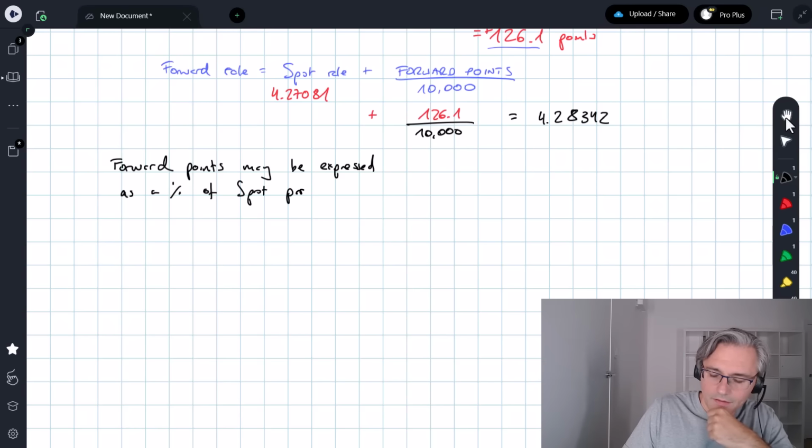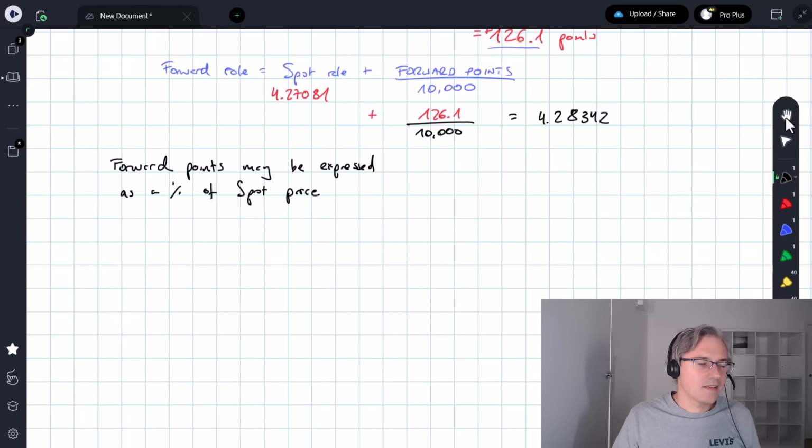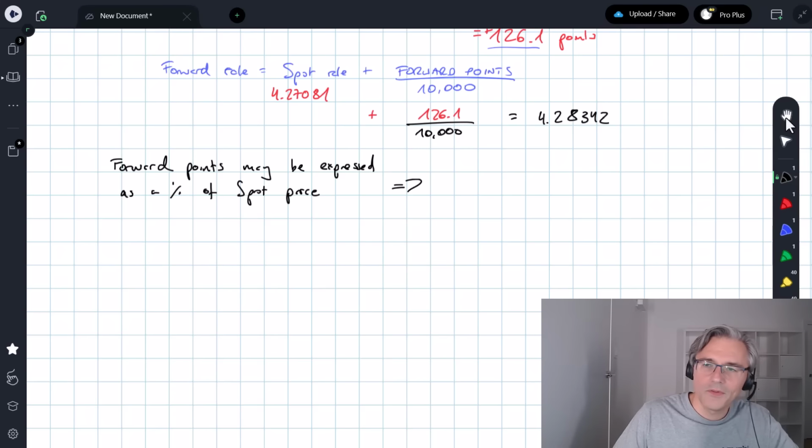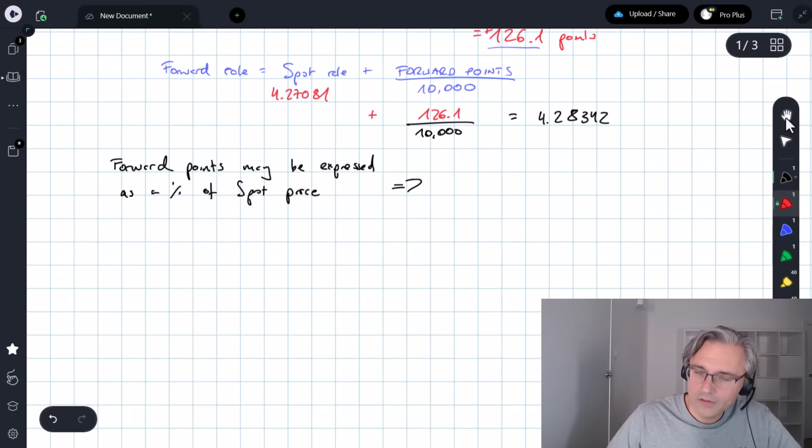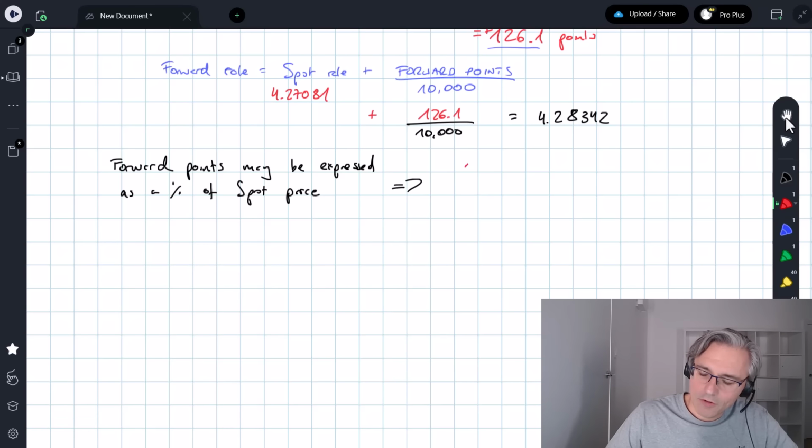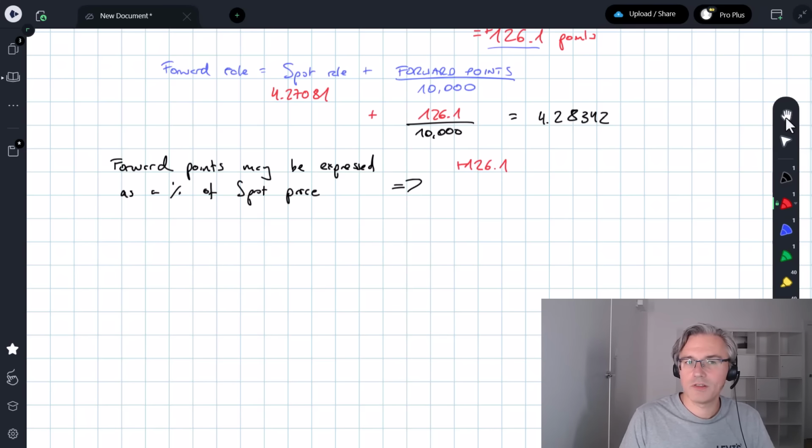However, that approach is definitely less common than just quoting the points. So in this case, you could be told, if the swap points are plus 126.1, express them as a percentage of the spot price.